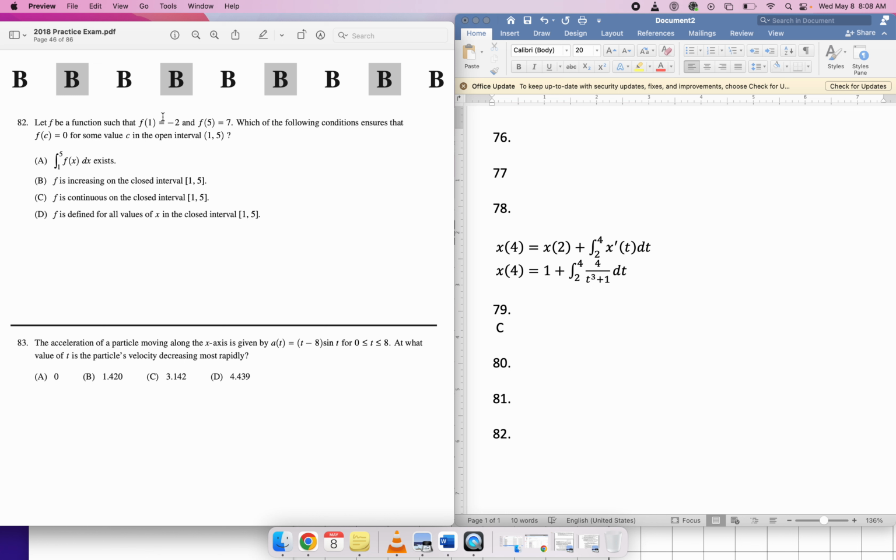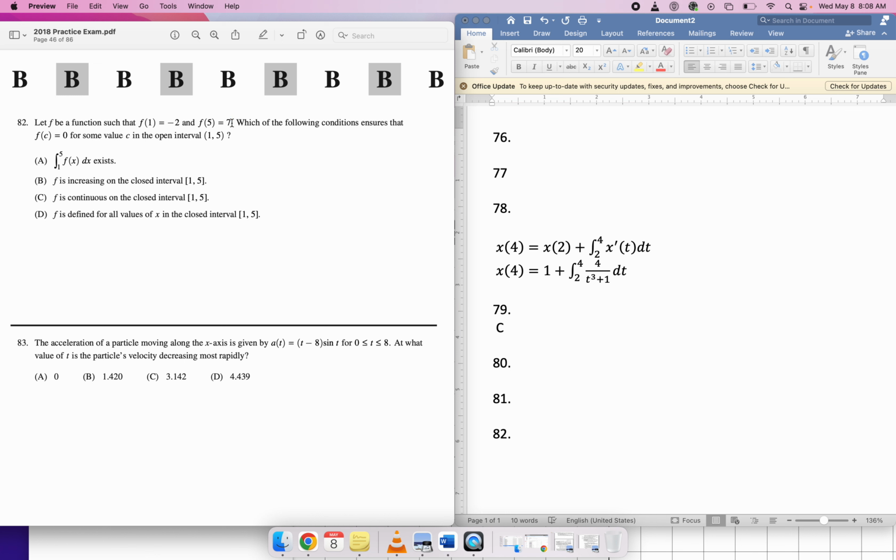So this is asking about the original function taking on a particular value. That to me sounds like the intermediate value theorem. The mean value theorem is about the derivative taking on a certain value, right? This is about the original function, so I think it's the intermediate value theorem. So yeah, 0, of course, is an intermediate value between -2 and 7.